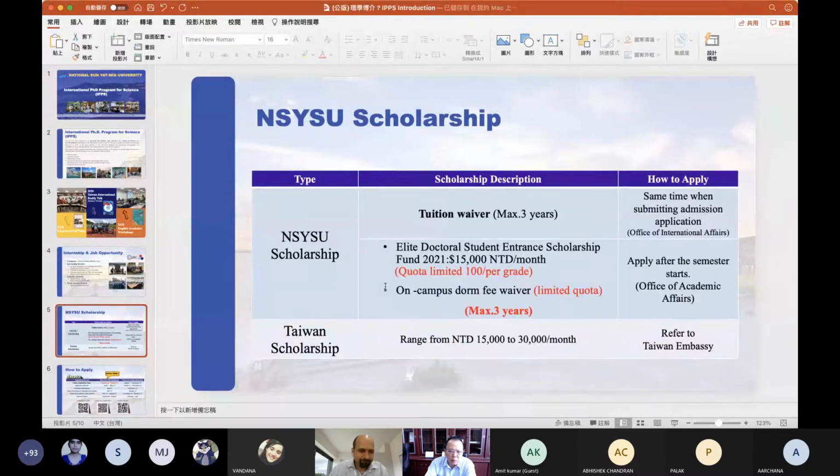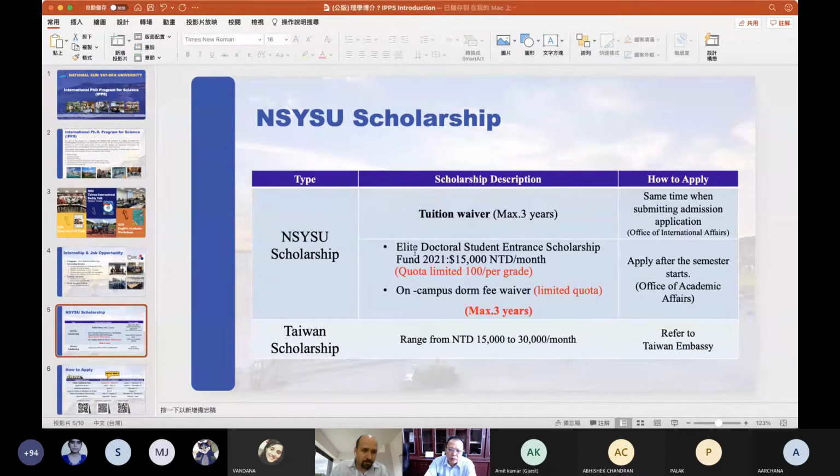And I think the most important thing is that NSYSU also provides a scholarship. You can see the NSYSU scholarship is a tuition fee waiver for a maximum of 3 years.